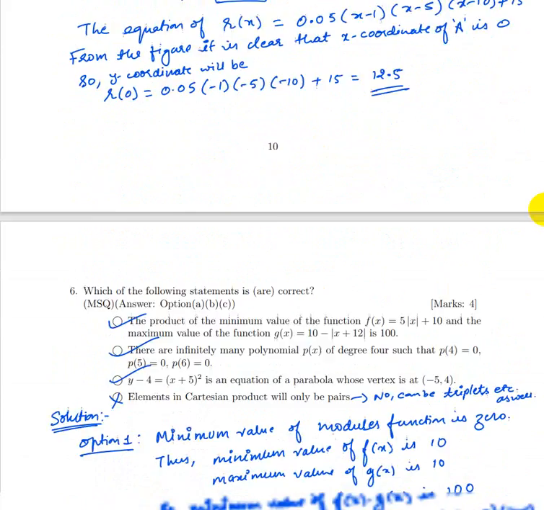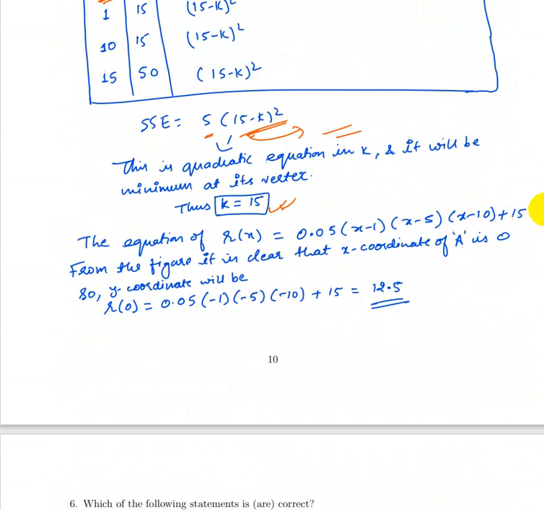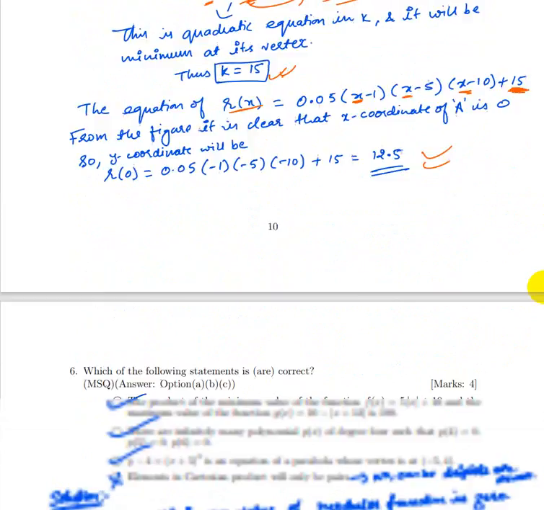So we'll just put the value of k, which is 15, in this, and we know that the value of x is 0, so we'll get the value of y, which is 22.5. Okay, so this is also solved.